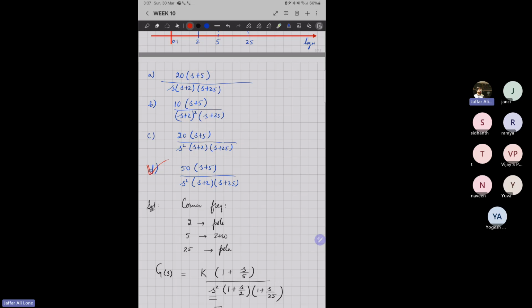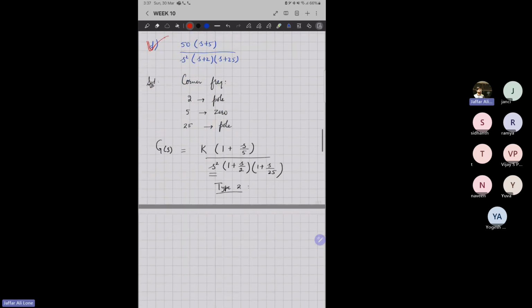Can you confirm what's the value of K in time constant form? Cool, 5.011, so that's roughly equal to 5. So that's the correct answer, is option D. Anybody else who has got option D? Yes, I have got option D. Okay, that's good. So option D is actually the correct answer.